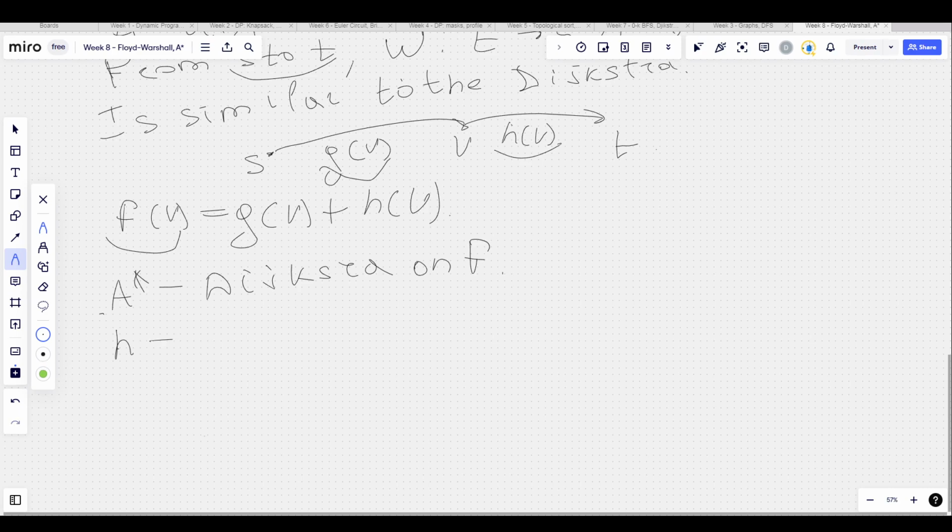H is a heuristic function, a non-formal measure of similarity.